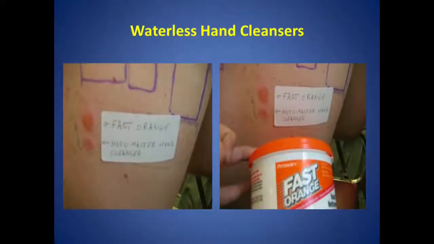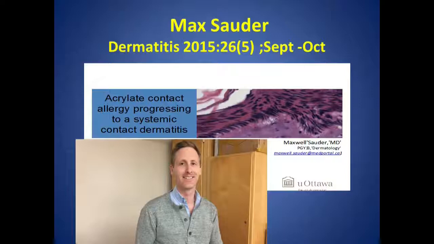And also mechanics with their waterless hand cleansers, which they use 50 times a day. All of them have methylisothiazolinone. I'd like to share with you, this is a good example of the process of sensitization and elicitation.